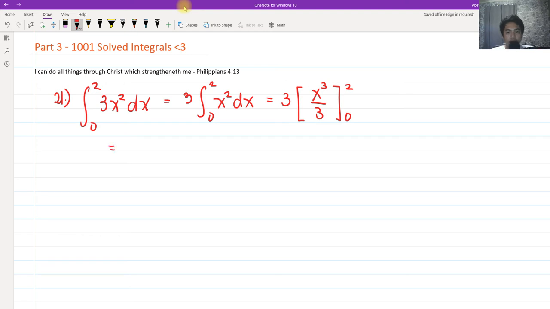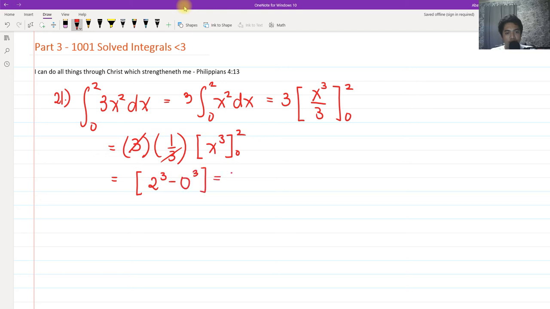We can factor out 1/3 outside of that evaluation, so that we have x cubed all over 3 evaluated from 0 to 2. We can see that the 3s cancel, and then we have 2 cubed minus 0 cubed. So eventually we have 8 as our value.